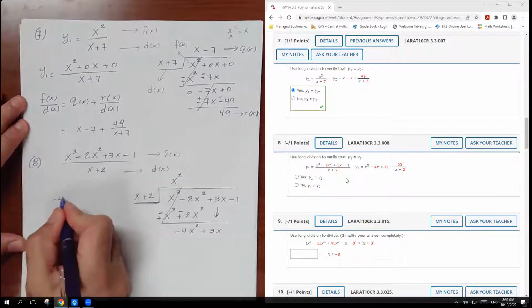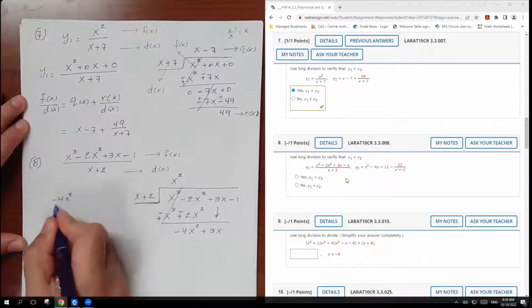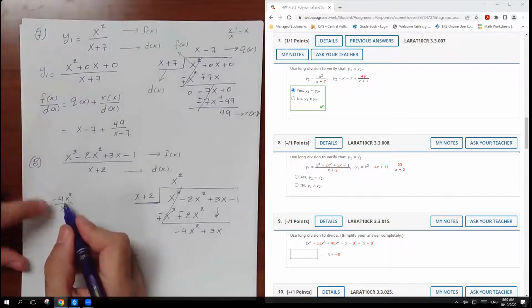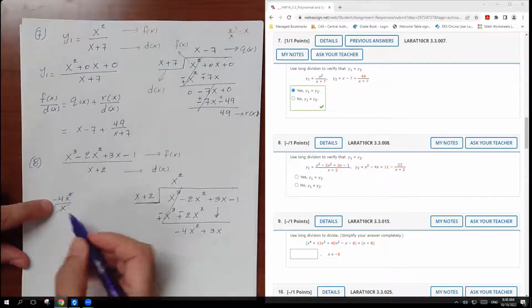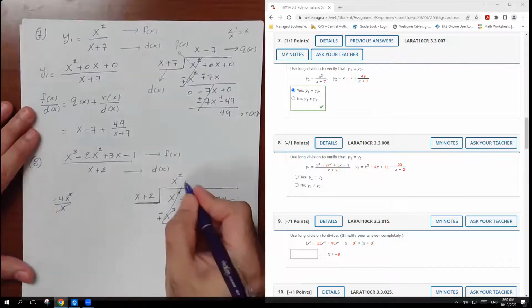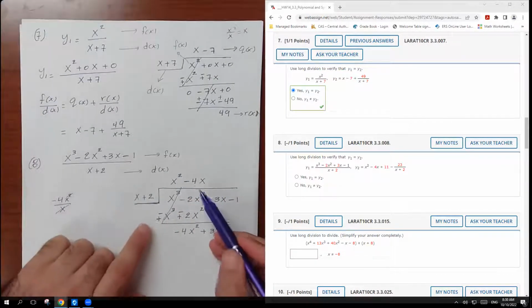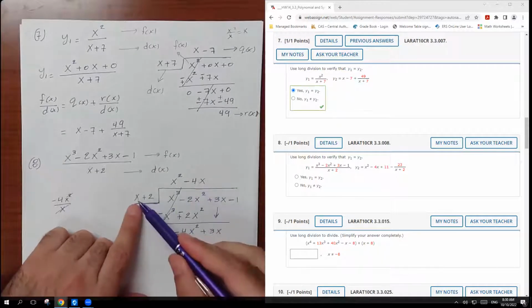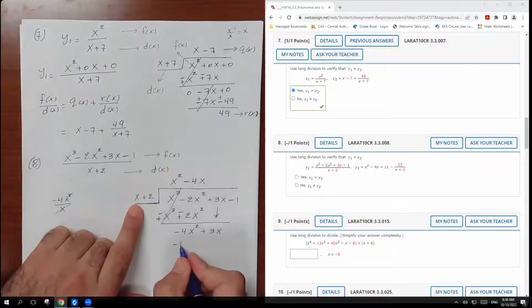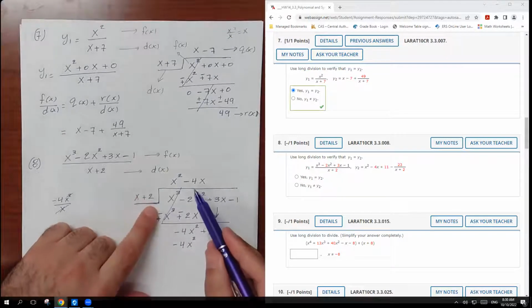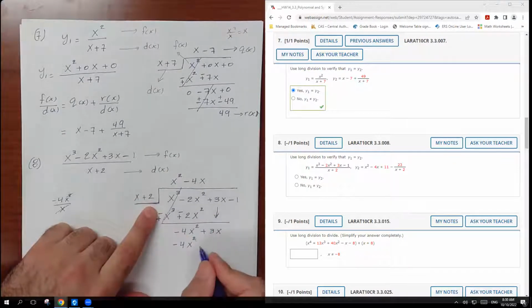Negative 4x squared divided by x is going to be negative 4x. Now negative 4x times x is going to be negative 4x squared. Negative 4x times 2 is negative 8x.